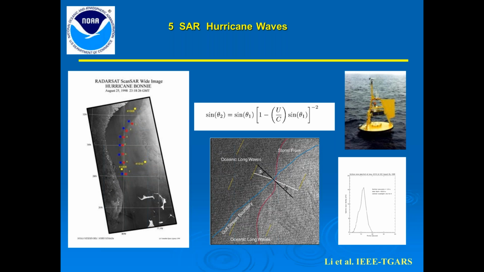So this is the Gulf Stream, for example, near Florida, and you can see the Gulf Stream shows a little bit bright. That's due to the marine atmospheric boundary layer instabilities that cause the warm waters to appear bright on SAR imagery.